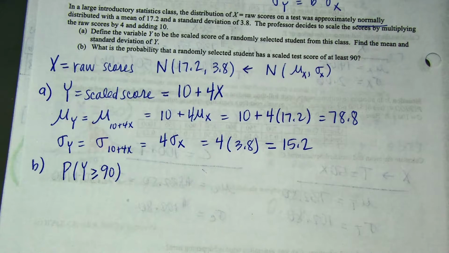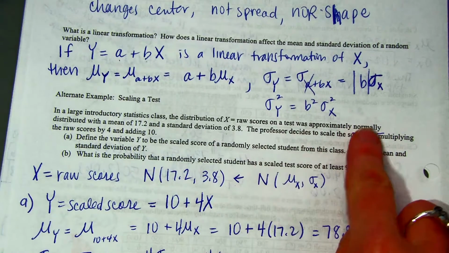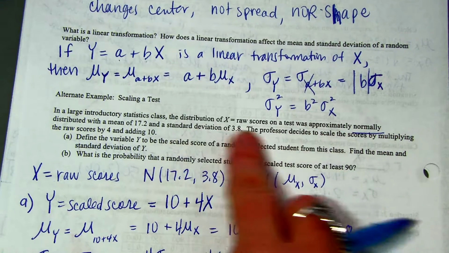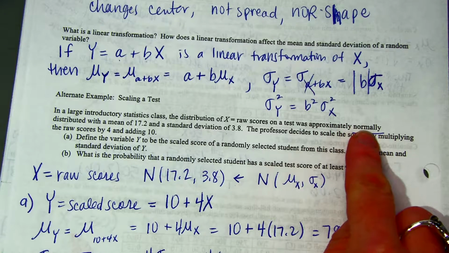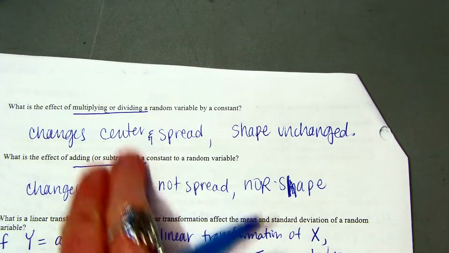A normal distribution. Do we know if the distribution of y is normally distributed? Why? It doesn't say y is. It says that x is. It says x was normally distributed. Does that imply that y is? Yes. Why? Yeah, because shape is unchanged with any transformation.